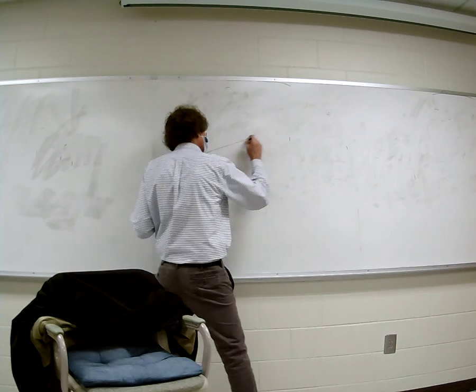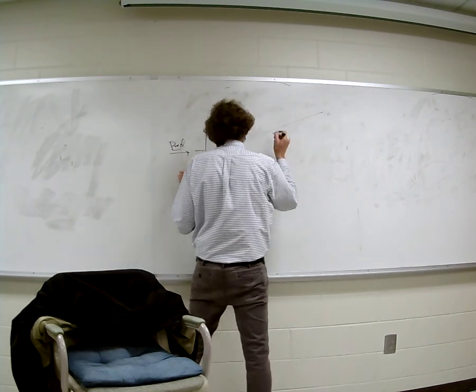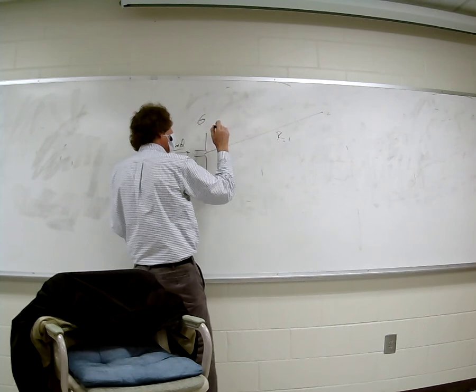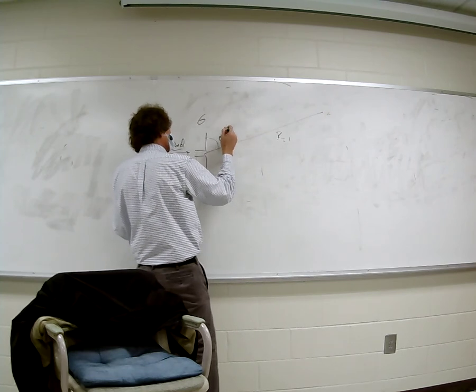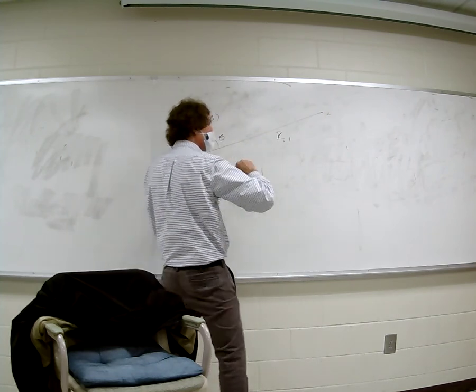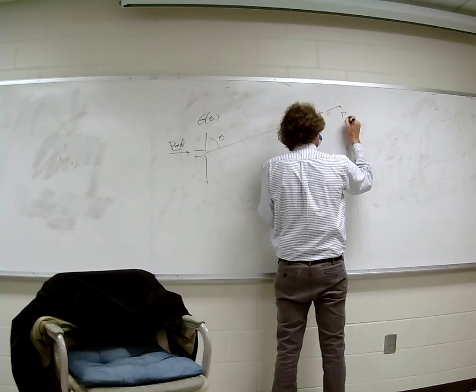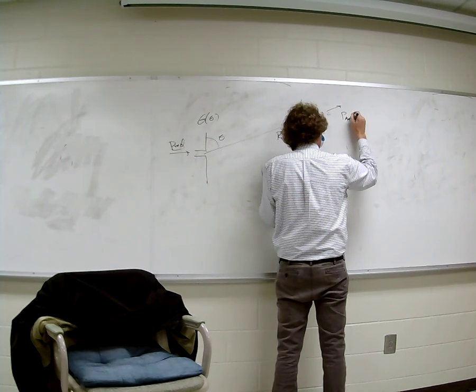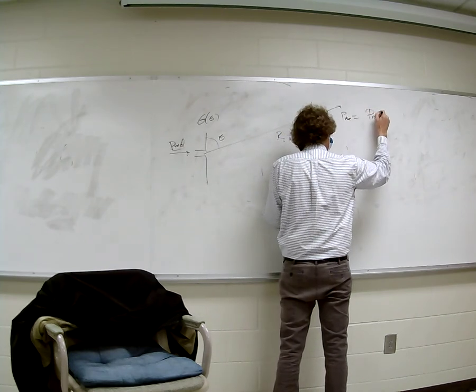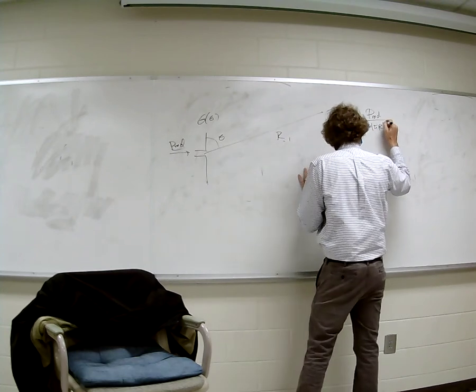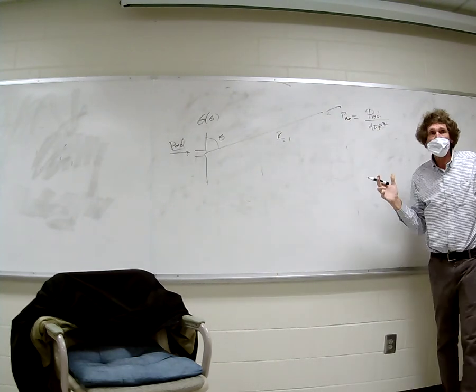Now I come out a distance R. This antenna has a certain gain, and I'm going to call it gain at theta. It doesn't matter what theta is. First thing I want is the actual power density here. The power density is P rad, the total power radiated, over 4 pi r squared. That's the isotropic density.